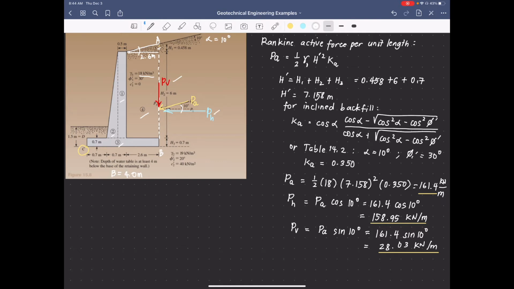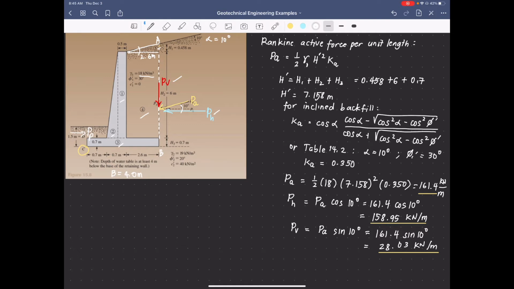And of course, we also have P sub P, which is the passive. But the passive pressure is assumed to be neglected, so we're not considering it. That's for additional factor of safety, because it would act as a resisting force to overturning.